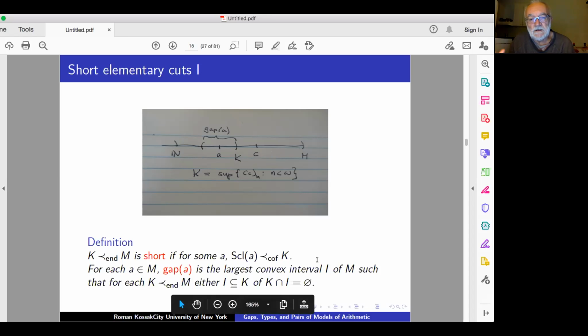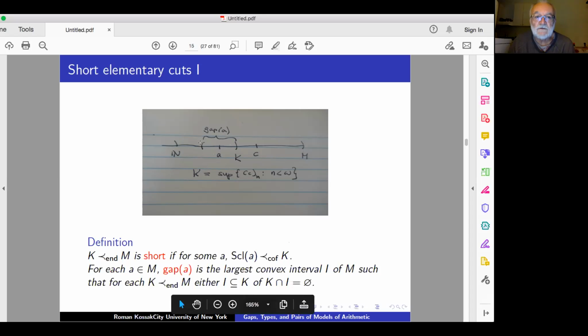And an important isomorphism invariant of a short cut is what we call a gap. Around each element of M, you have this gap of that element. This is the largest convex interval such that inside there are no elementary cuts.